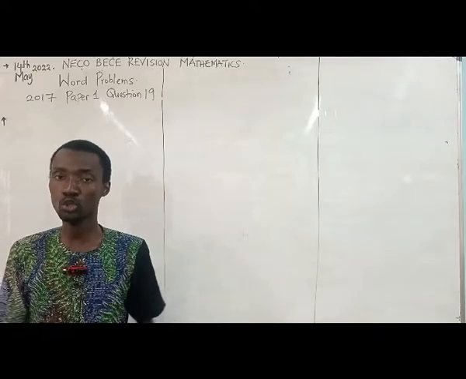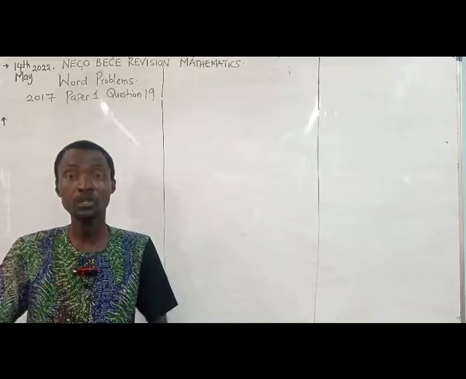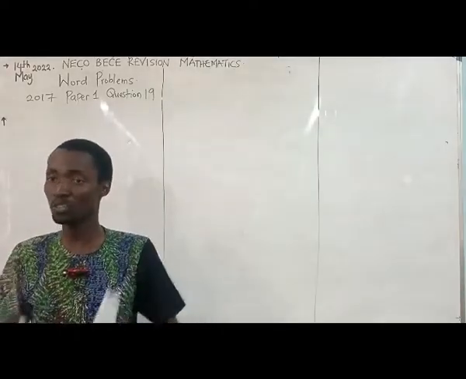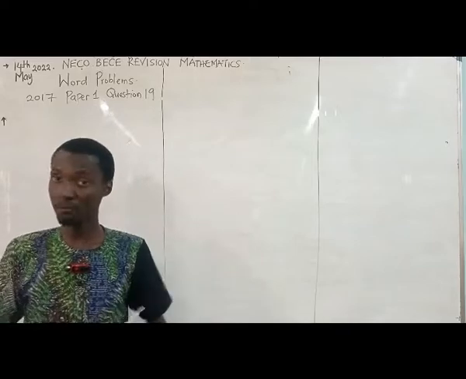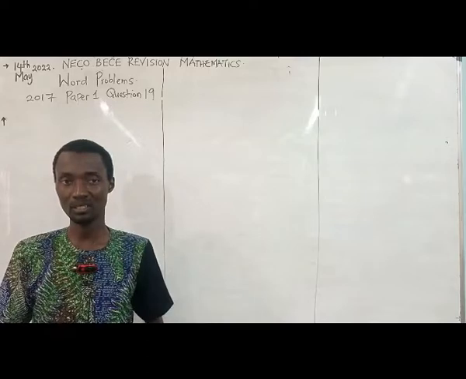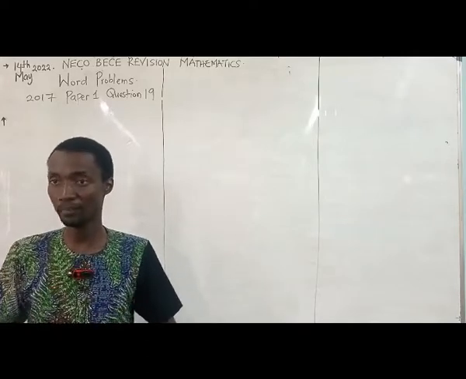We do not expect you to show thorough workings. We expect you to be able to read the question, understand what's expected of you, and solve it as quickly as possible. Remember, for NECO BECE, time is of the essence. If you can't be fast, then you're sure that you can't finish the exam.